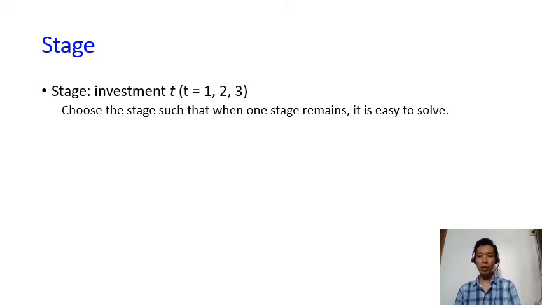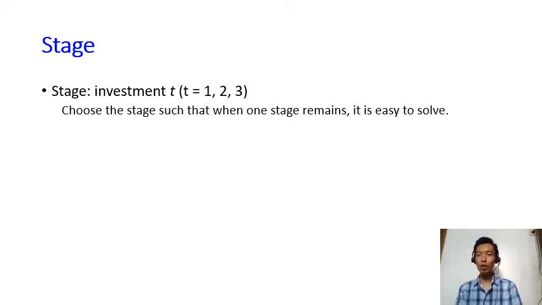All the money that you have, just put it all in investment 3 because that's the only possible investment. Now, if you have 2 investments, then it becomes a little bit harder. If you have 3, it becomes more confusing, and even more with 4, 5, and so on, it becomes more and more difficult to solve. From that idea, you know that the stage is the investment.